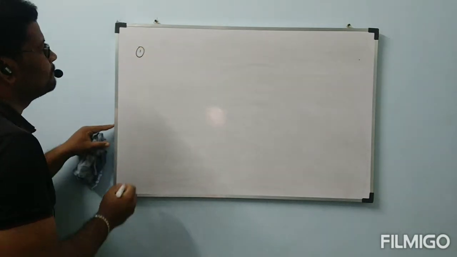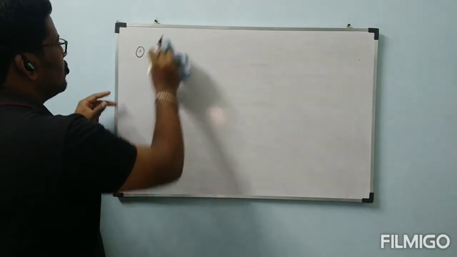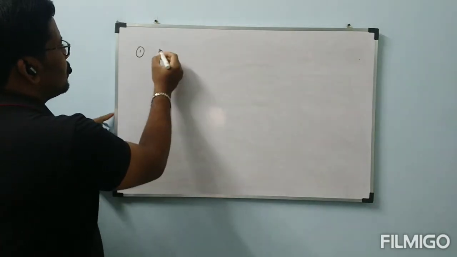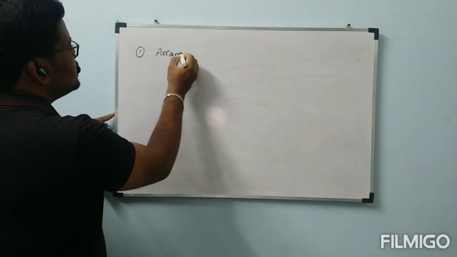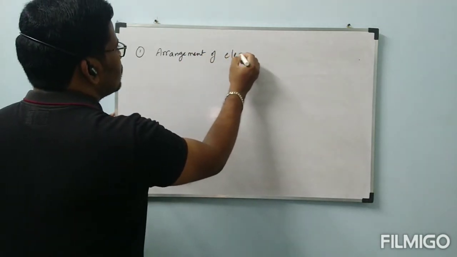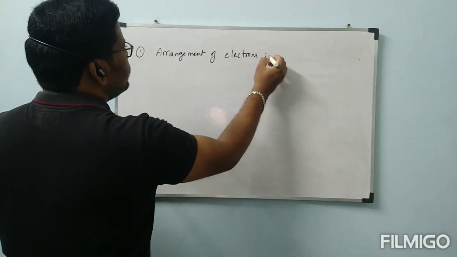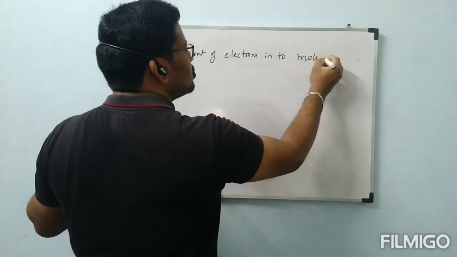First point: arrangement of electrons into molecular orbitals.